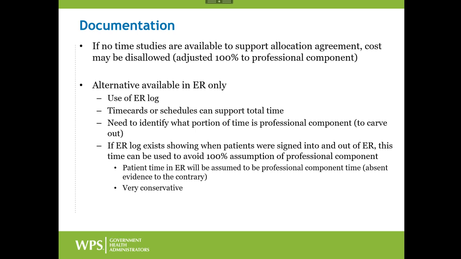There is an alternative available in the ER only, and this relates to the use of the emergency room patient logs. Now, the idea here is that instead of essentially disallowing the entire cost due to lack of documentation, we can use this documentation that is going to be pretty conservative, but again, it's better than 100% disallowance.